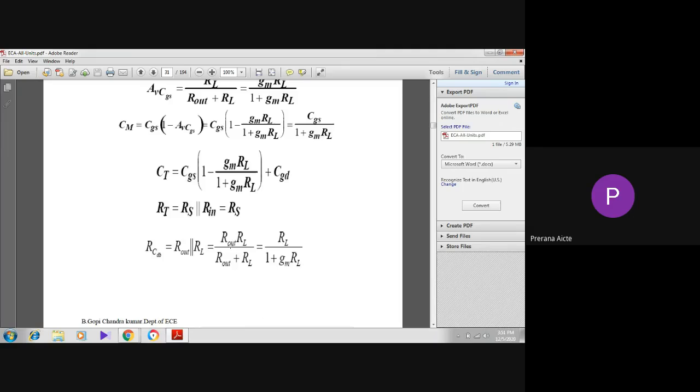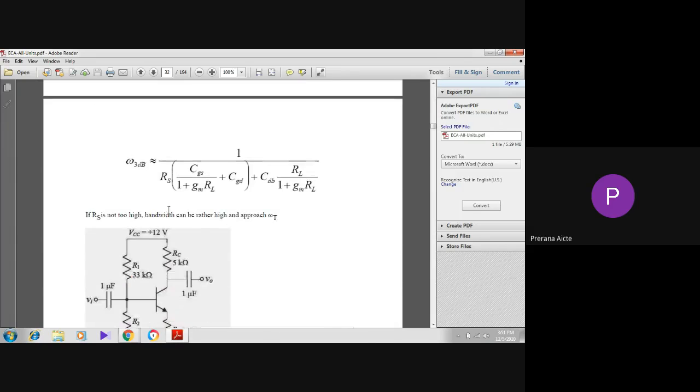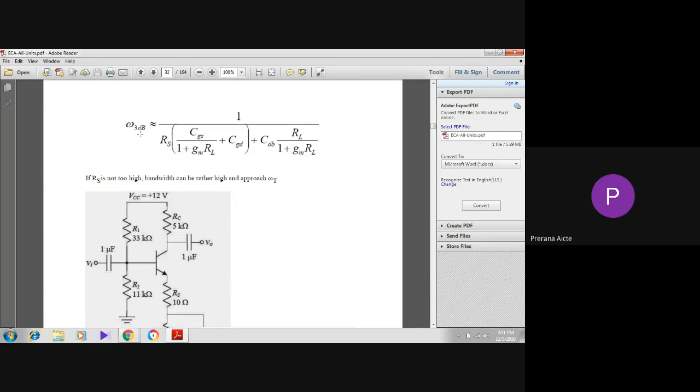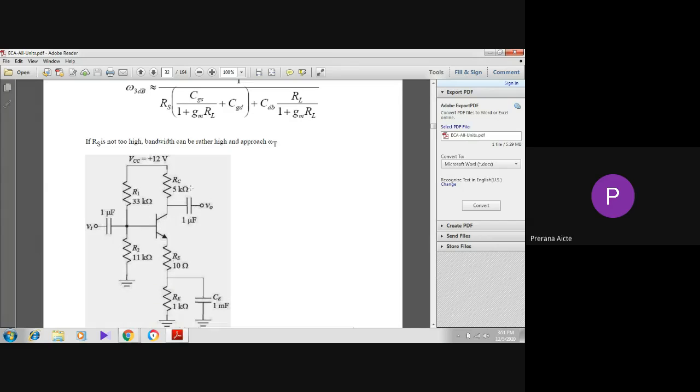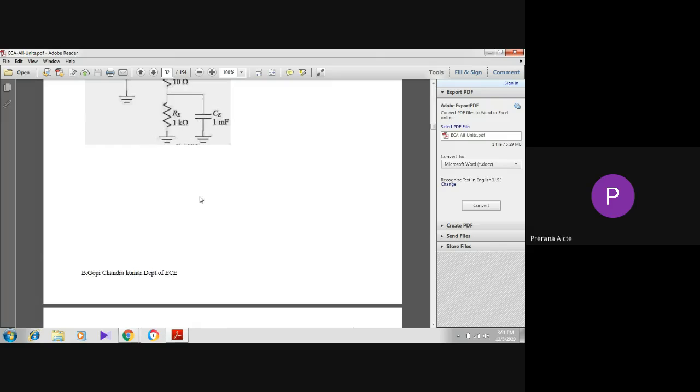After simplification we get these equations, RT, RCGB, and this is the 3 dB frequency. And see this figure, this is the BJT amplifier.